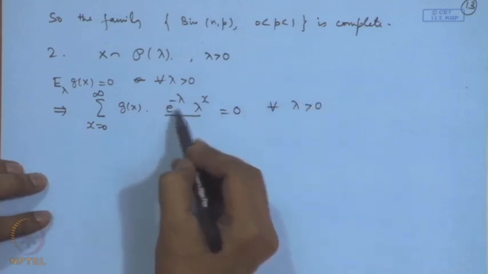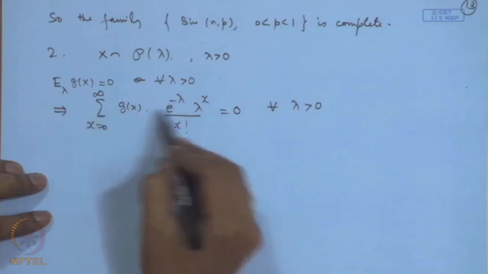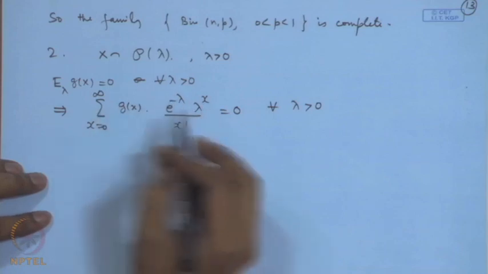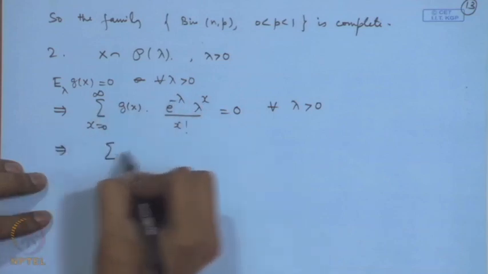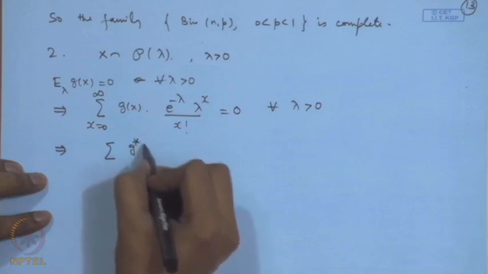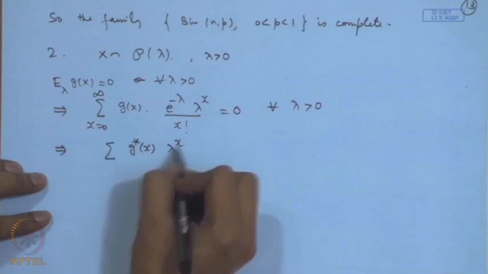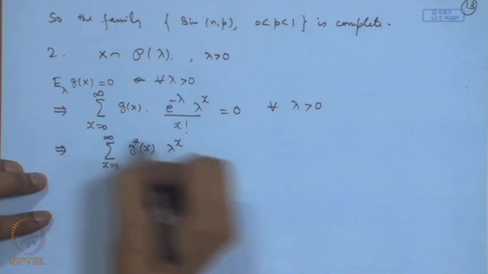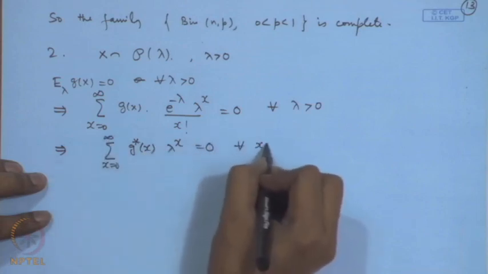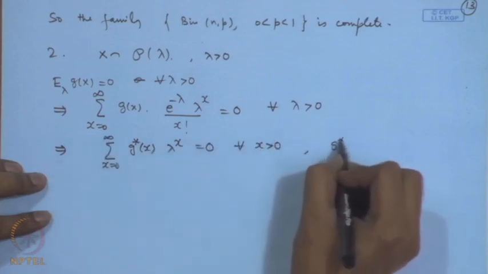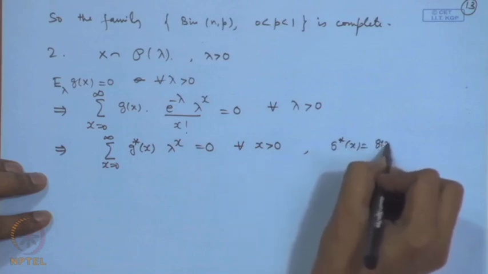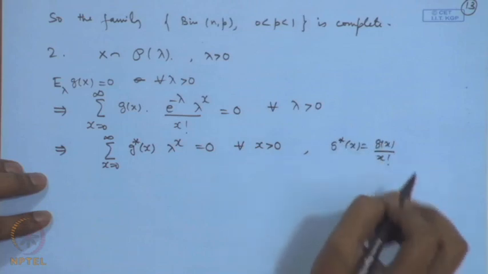Now, e^(-lambda) is a positive term, so we can multiply by e^lambda on both the sides. This statement becomes equivalent to the sum of g*(x) lambda^x equal to 0, where this g* is nothing but g(x) / x!.